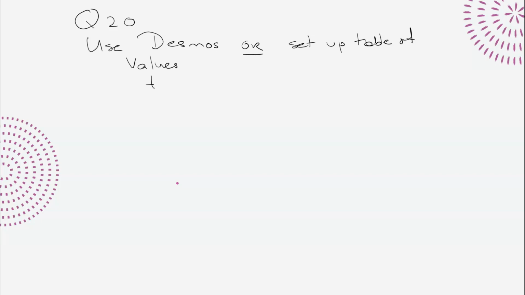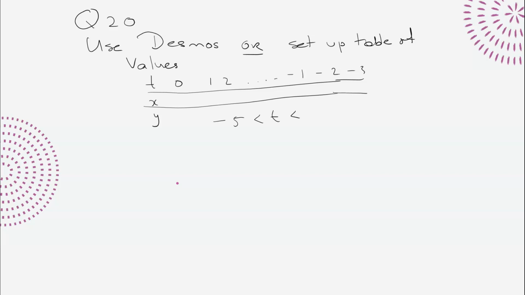So you'd have had t, x and y, and just some random numbers of t, maybe 0, 1, 2, and maybe, I don't know, negative 1, negative 2, maybe negative 3, doesn't really matter. And you can do it that way, or you might have the whole thing, might have variables from negative 5 to 5, that's fine.